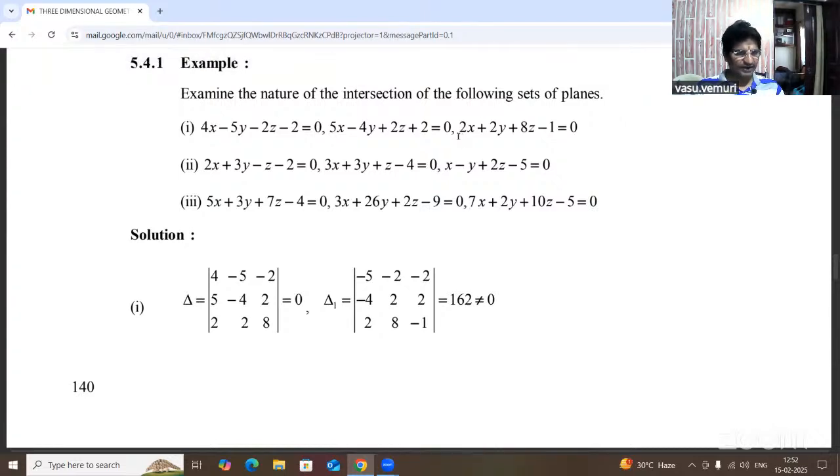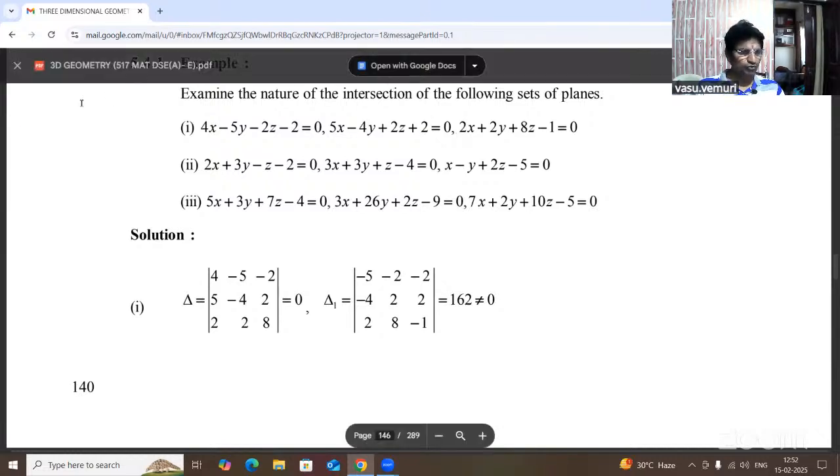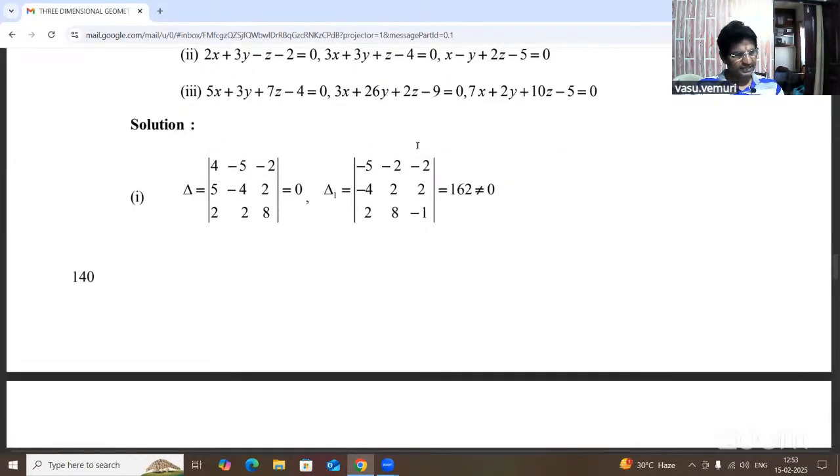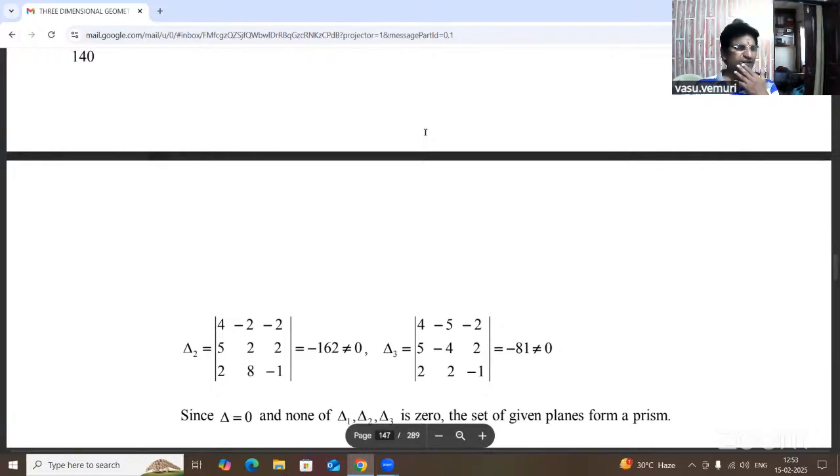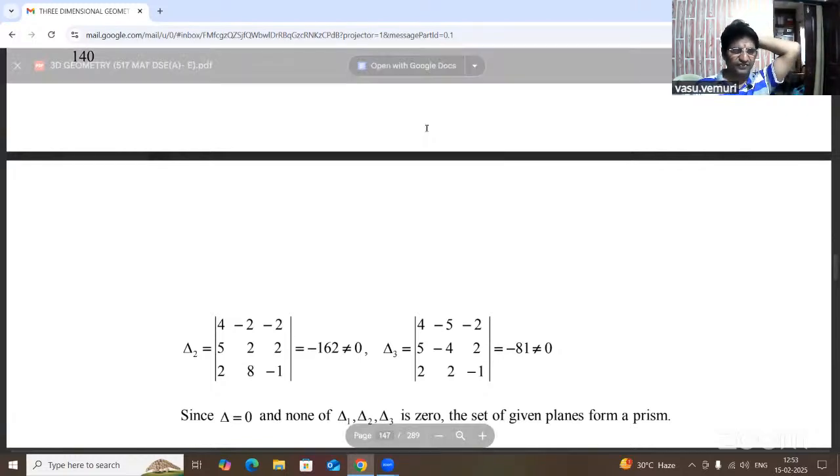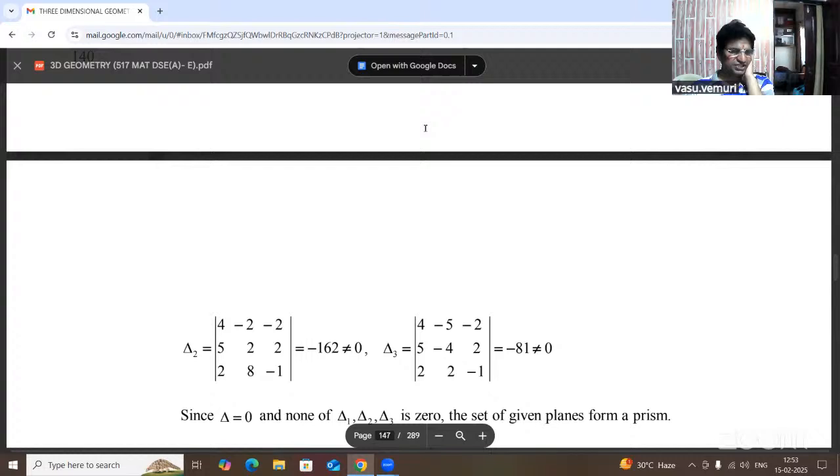And again delta 1. To write delta 1, you take the coefficients of y and z and the constants: minus 5, minus 2, minus 2; minus 4, 2, 2; 2, 8, minus 1, without the x coefficient. Similarly, delta 2 means without the y coefficient, write the coefficients of x, z and constants.